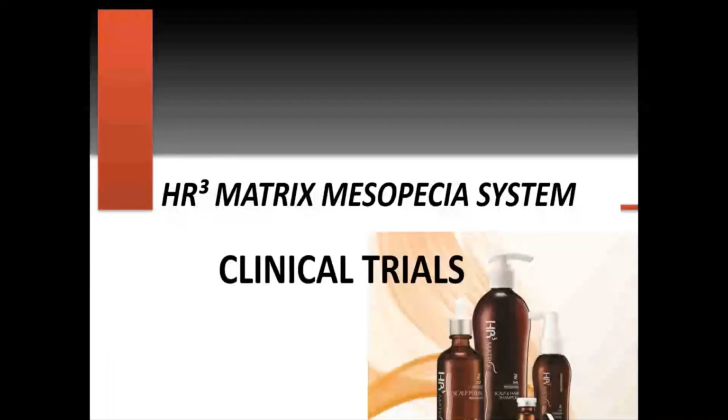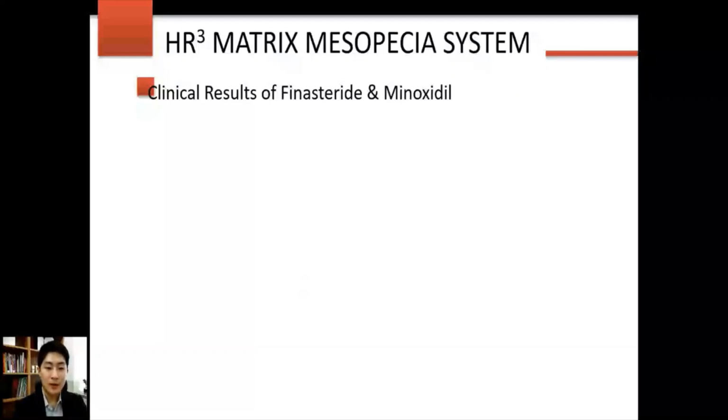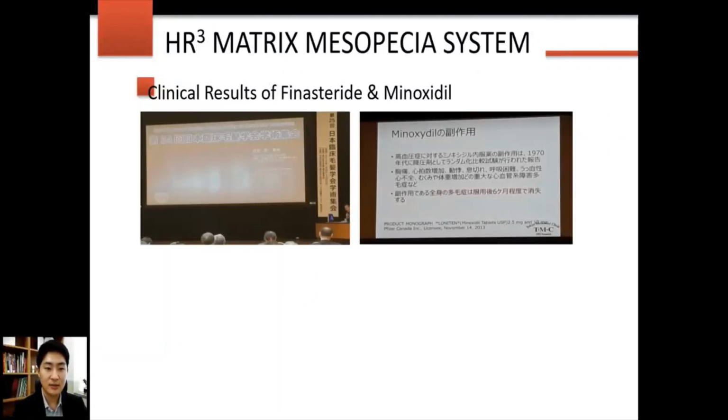Here are clinical results of alopecia using the HR3 matrix mesopagia system. First, I want to show you the clinical results of other drugs. These are the presentation from the Japanese Alopecia Conference.